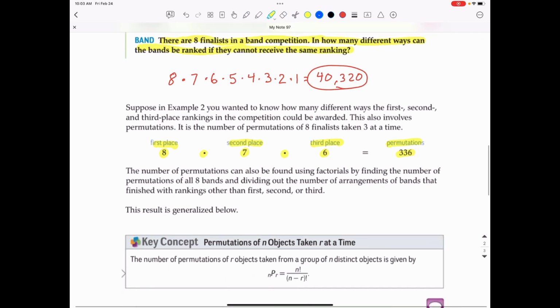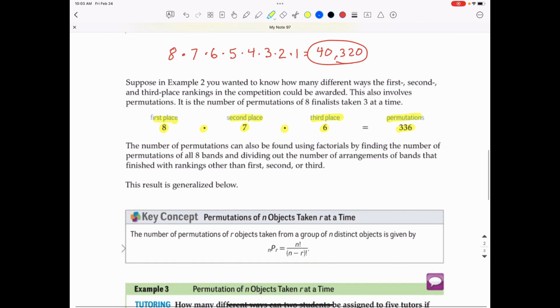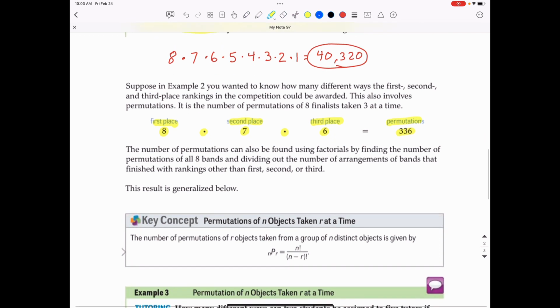The notation for this situation is nPr, n meaning the number of distinct objects that we have to choose from, and r meaning the number of objects we're actually selecting.